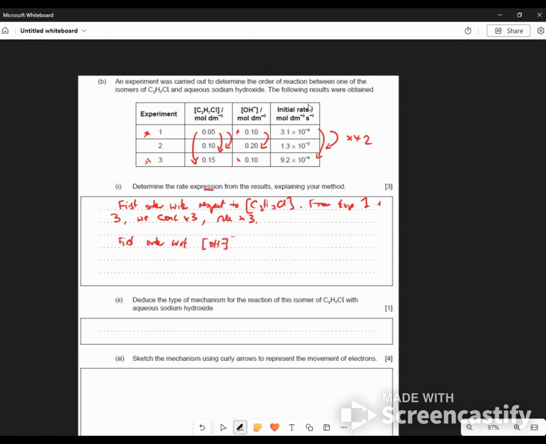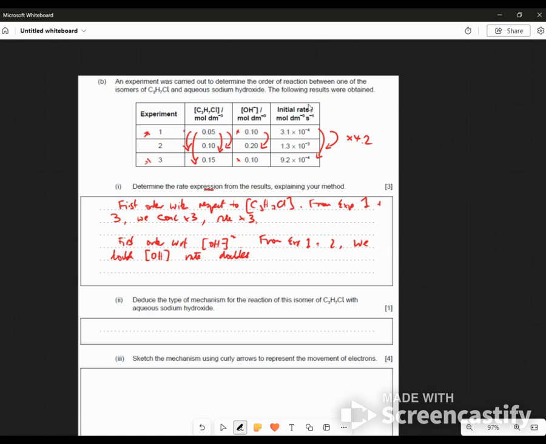Oops, that goes in there, not there. All right, now I'll explain that again, because from experiments 1 and 2, we double the OH concentration and the rate doubles. Okay, now it doesn't double, does it? It goes up by a factor of 4, but don't forget this is doubling as well.